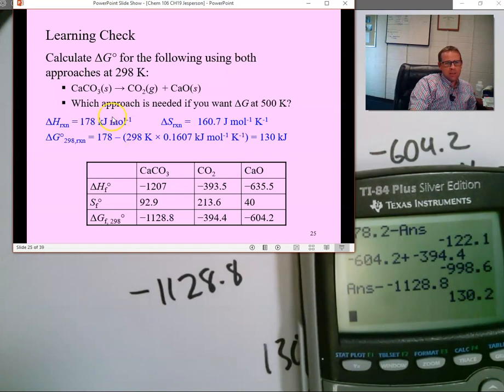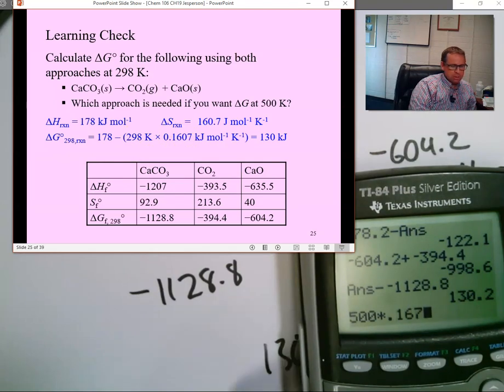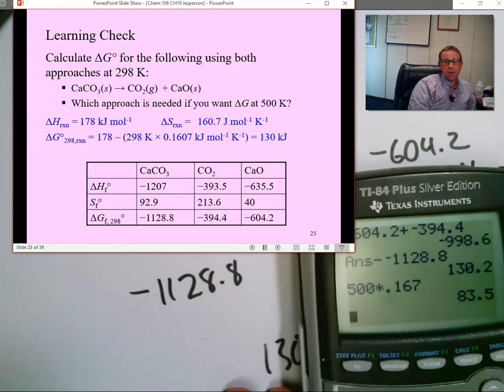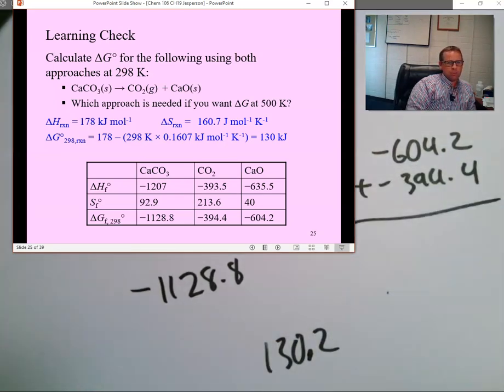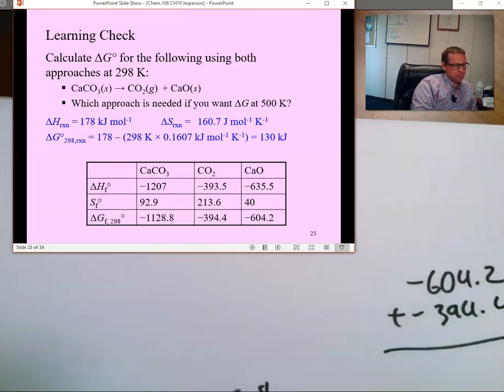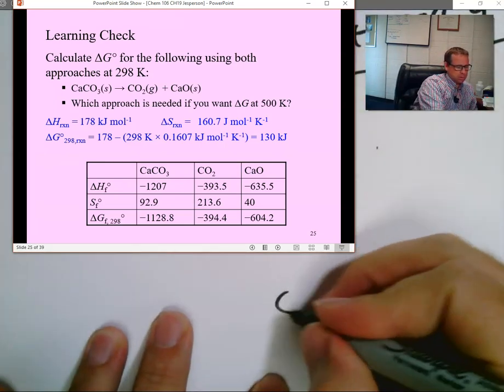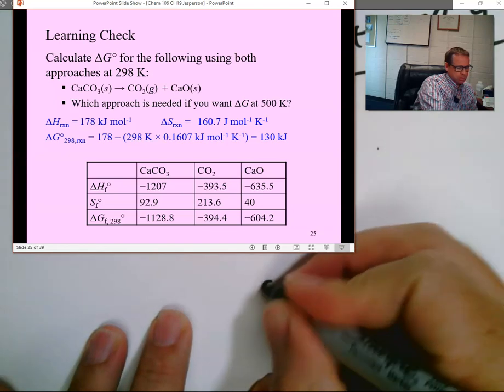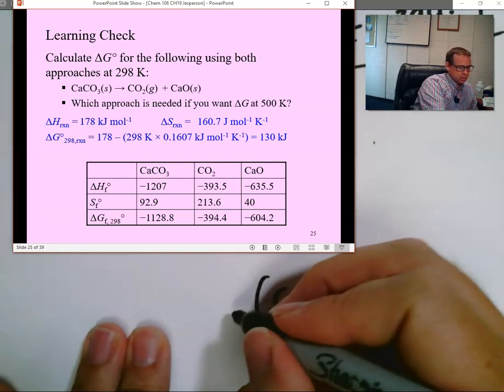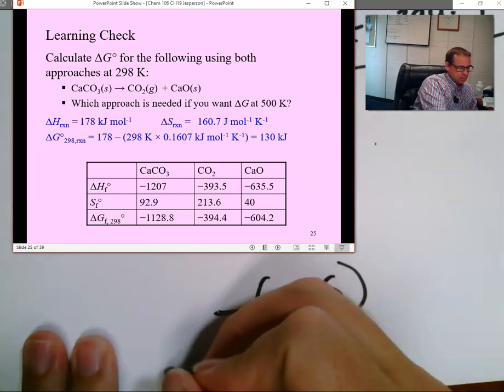So, instead of 298 times 0.167, we're going to do 500 times 0.167. All right, and that's going to be 83.5. But that 83.5, that's the T delta S component, so it's a negative sign in front of there.